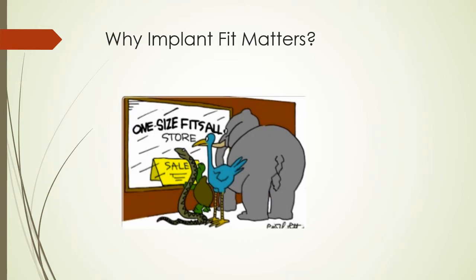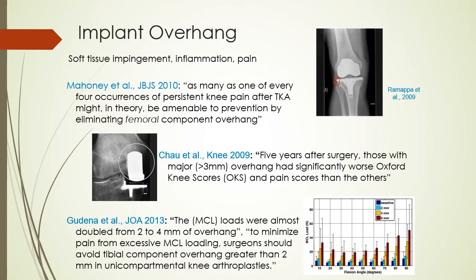Can't we use one size of implant to fit all the patients? Well, previous clinical data have shown that implant overhang can cause soft tissue impingement, inflammation, and pain. For example, on this slide, 3 studies talk about how 2 to 4 millimeters of overhang can significantly impact clinically important pain after surgery, lower Oxford Knee Score, lower outcomes, and also higher MCL loading.